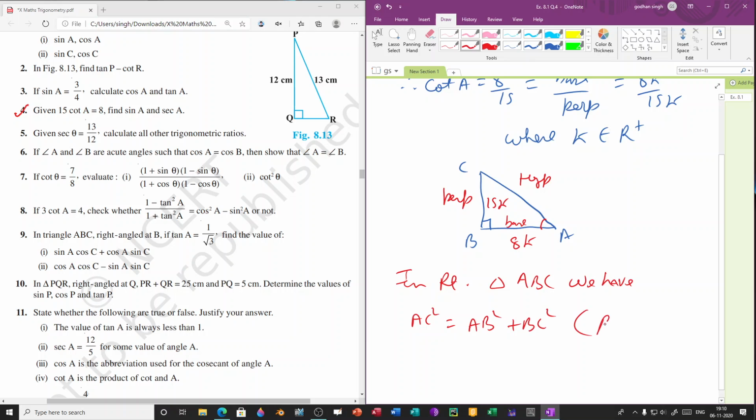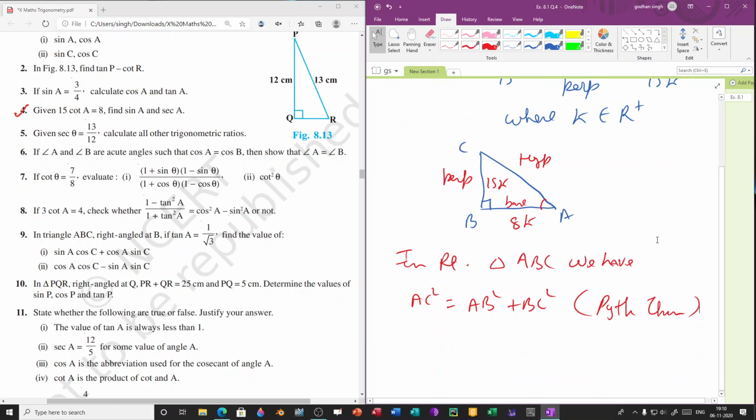This is by Pythagoras theorem. And AC square will be equal to, what is AB? Our AB is 8k. So 8k whole square plus BC. What is BC? 15k whole square. BC is 15k, so we are writing here 15k whole square.